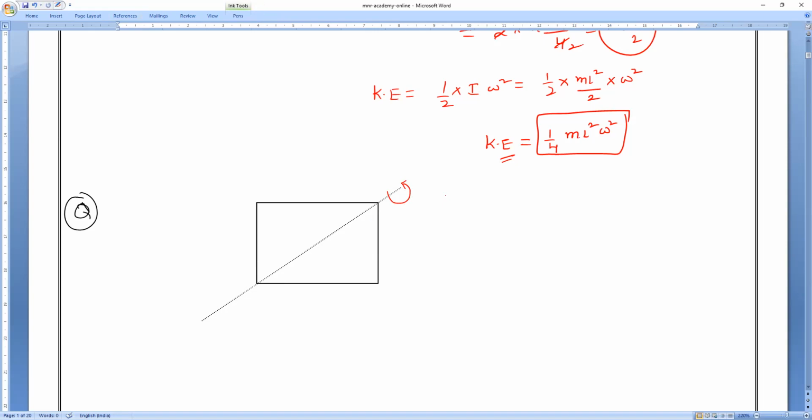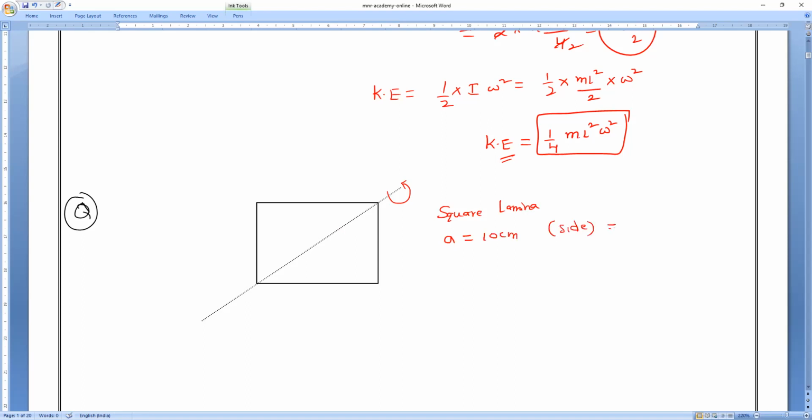So now, the square lamina where each side of the square is 10 centimeter. Are you clear, everybody?